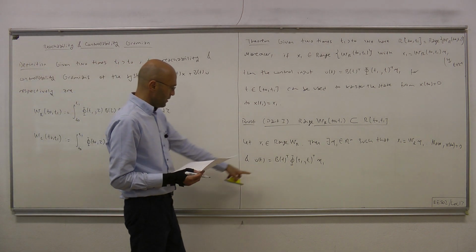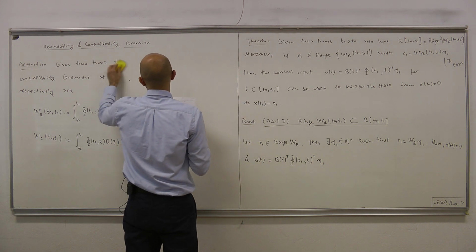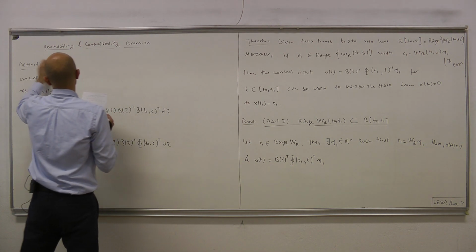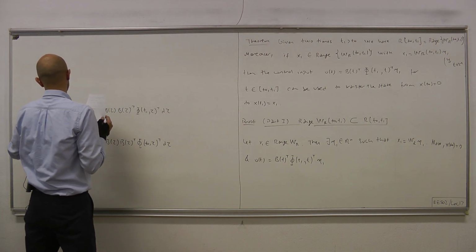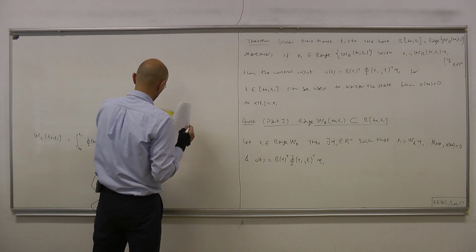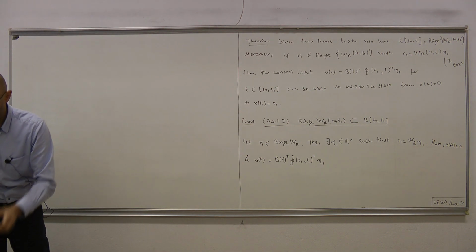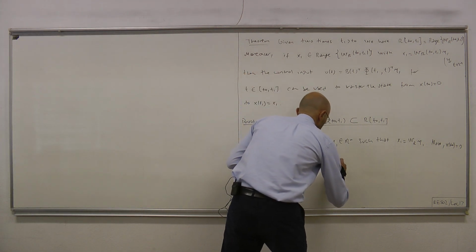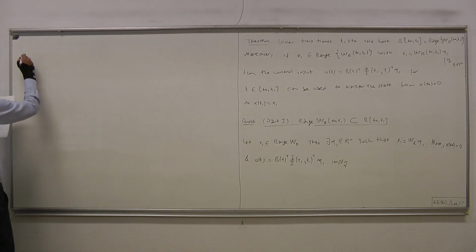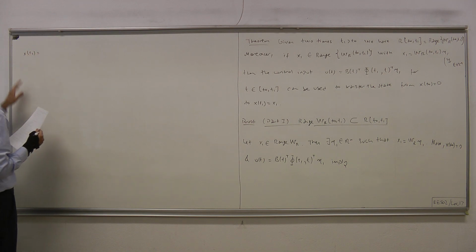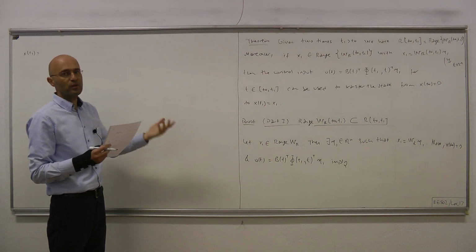All we have to do is put this input expression into the solution expression, which contains the state transition matrix and the integral. So let's do that. The solution x of t equals the state transition matrix times the initial condition plus the integral term.